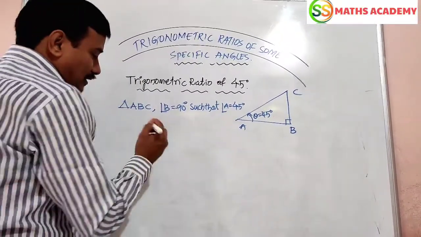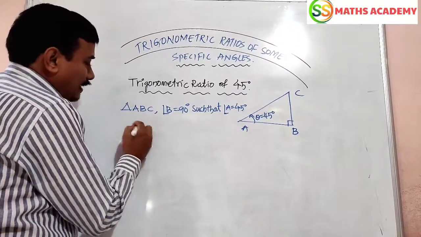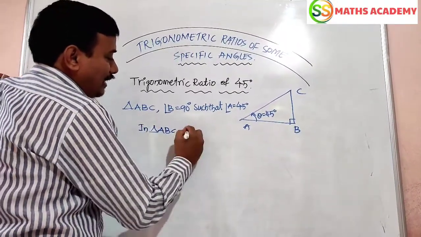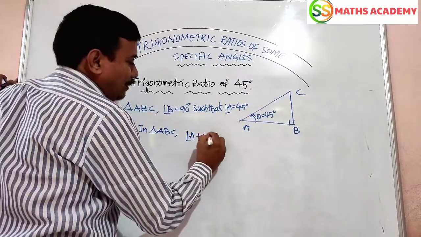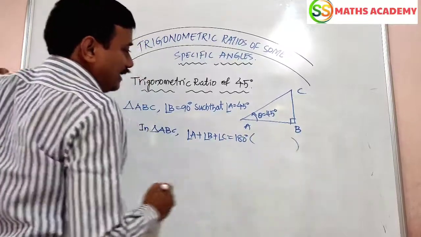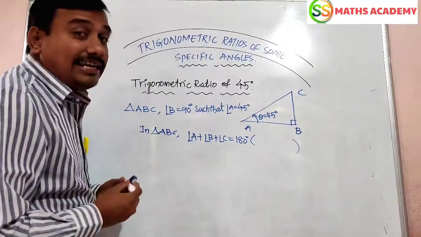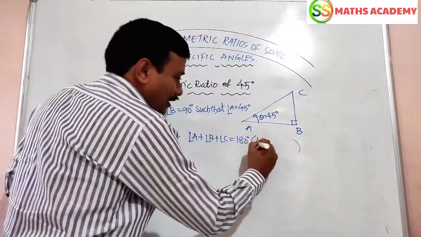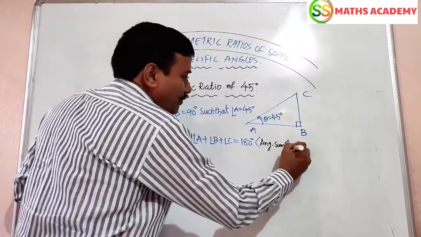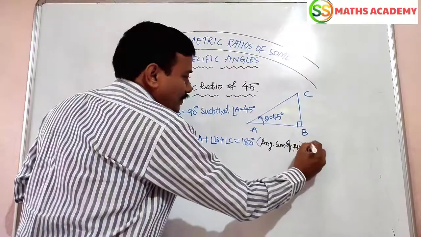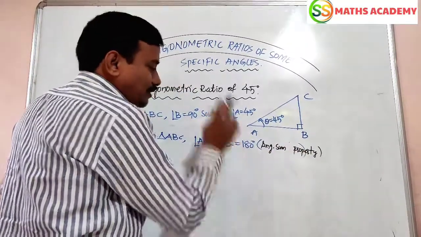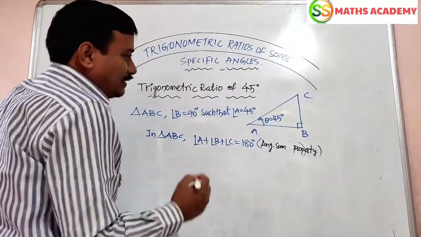Then see here. In the right angle triangle ABC, angle A plus angle B plus angle C equals 180 degrees, because of the angle sum property: in a triangle, the sum of the three angles equals 180 degrees.